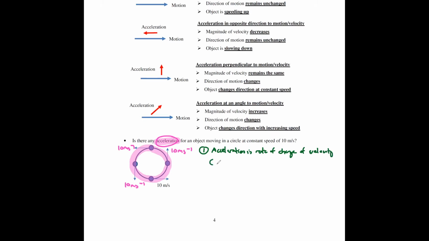This means that there is acceleration when velocity changes. Now, when you look at the object right now, the object that's moving in a circle here, the direction of velocity continuously changes.